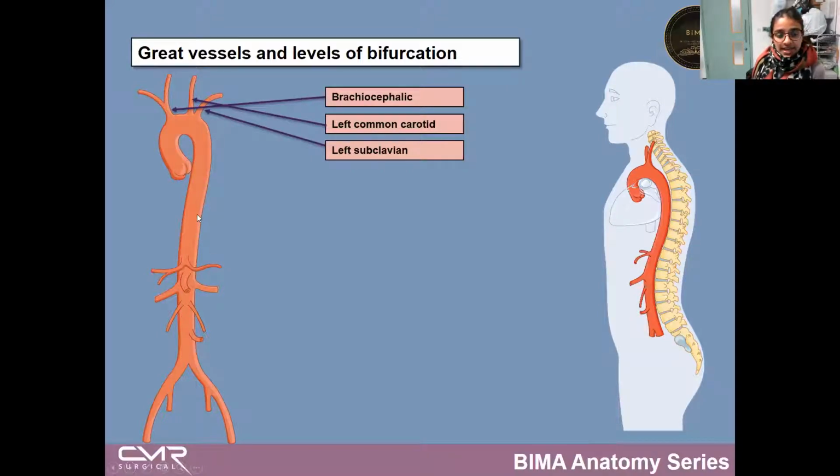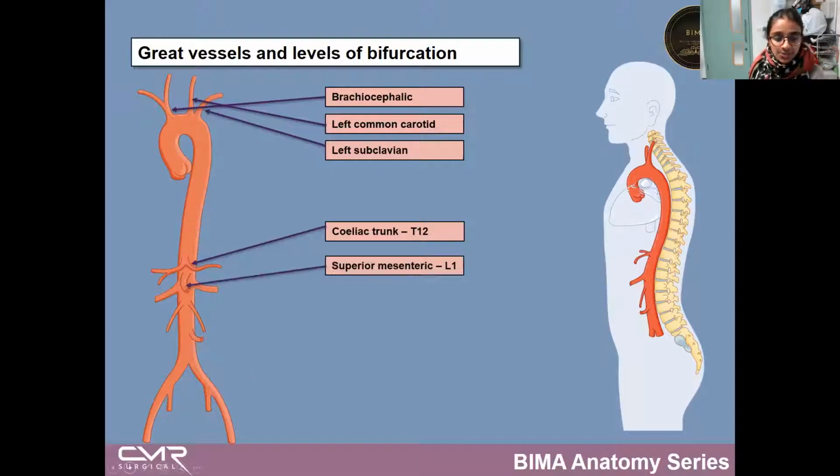Then coming down the descending aorta, we've got our celiac trunk at level T12. So try and remember these as we go along, guys, because I've got a couple of questions to really solidify it afterwards. Celiac trunk, T12.